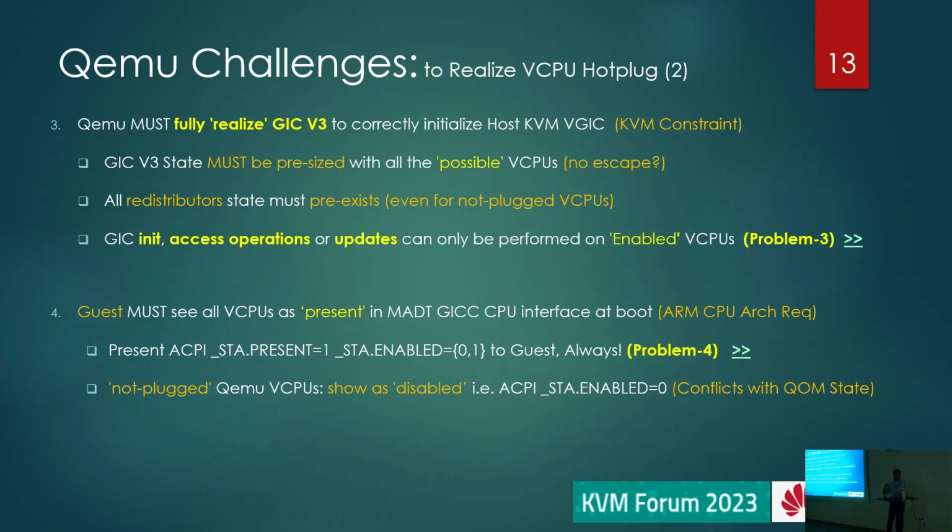That means deferred online. So once the entire OS or VM has come up, we are allowed, as part of the QEMU actions, to set these particular enable bits on and off. So we are kind of faking to the guest that something is now present, though actually as part of the QEMU object model, these are not present. That is a bit of a contradiction with respect to the actual presence of the CPUs in the guest as well as the KVM host.